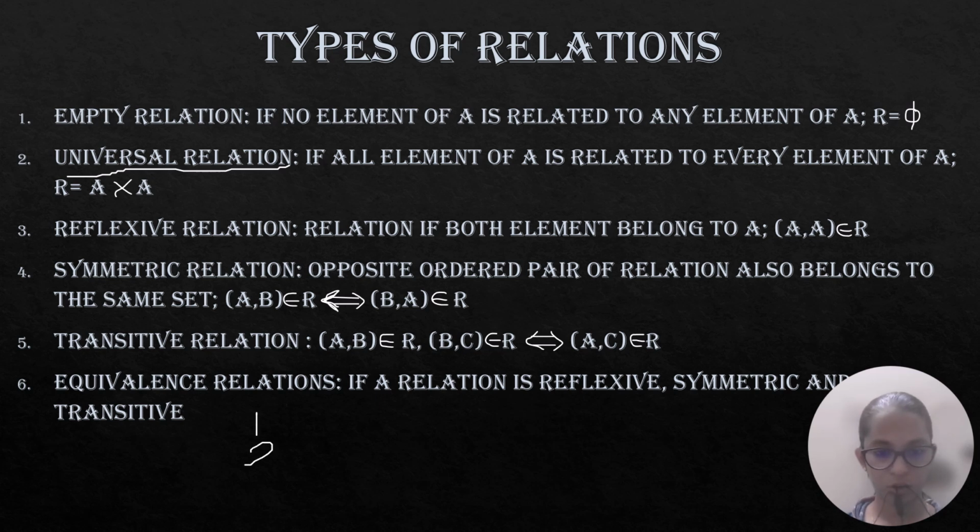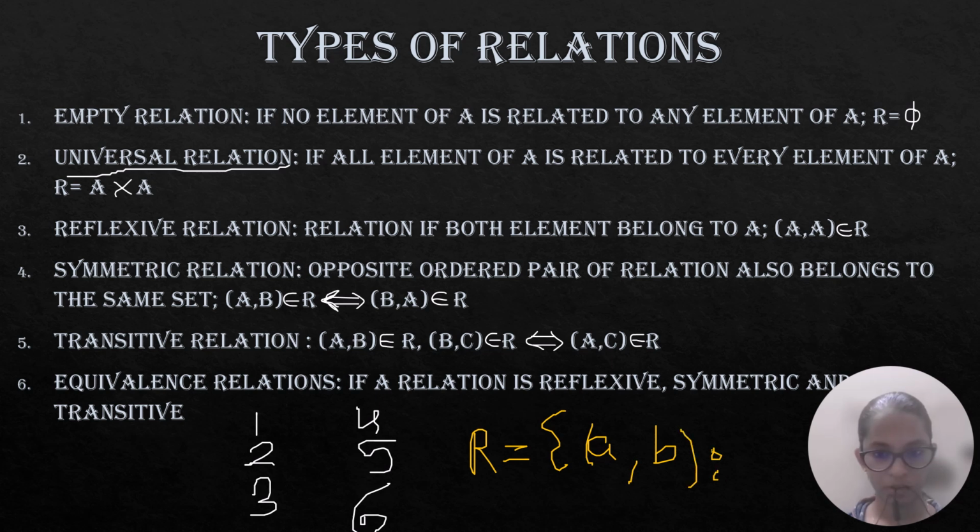Take 1, 2, 3, 4, 5, 6, and let's say R is equal to curly braces A, comma B, where B is equal to A plus 3, curly braces close.